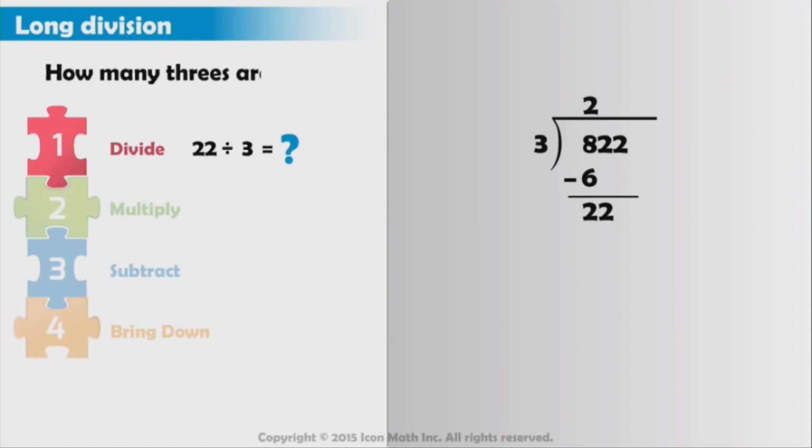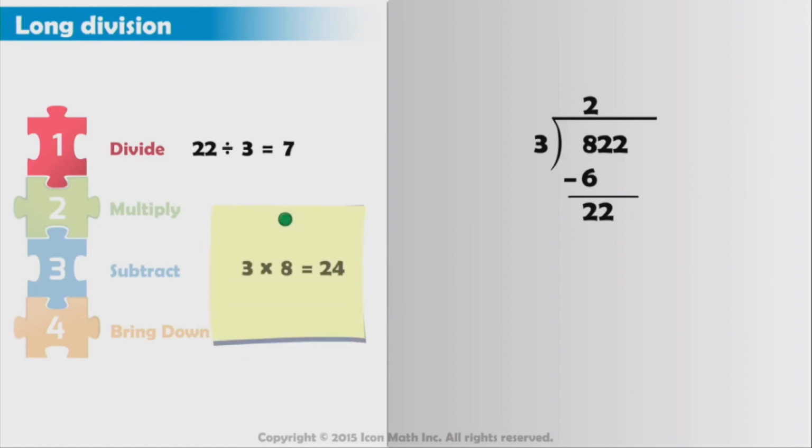How many 3s are in 22? 7. 7 3s are the most number of 3s that fit into 22, because 8 threes is 24, and that is bigger than 22.